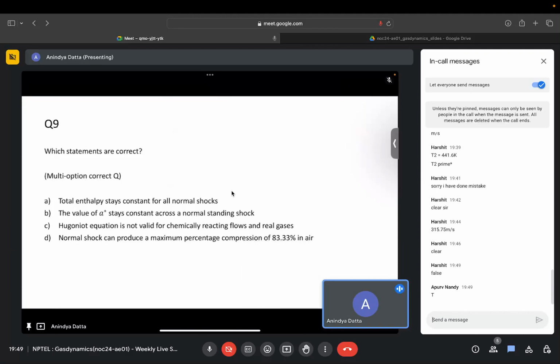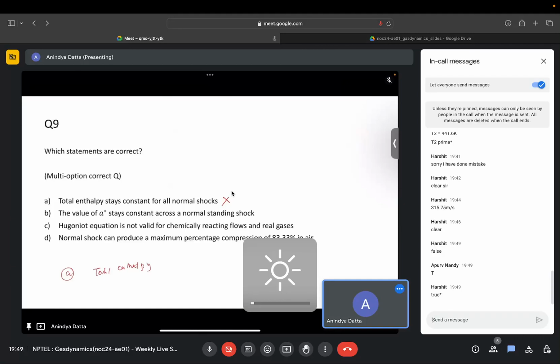Yeah, so we remember this is actually not correct. The total enthalpy, or what we say stagnation enthalpy, stays constant only for a steady or standing shock, a standing normal shock.